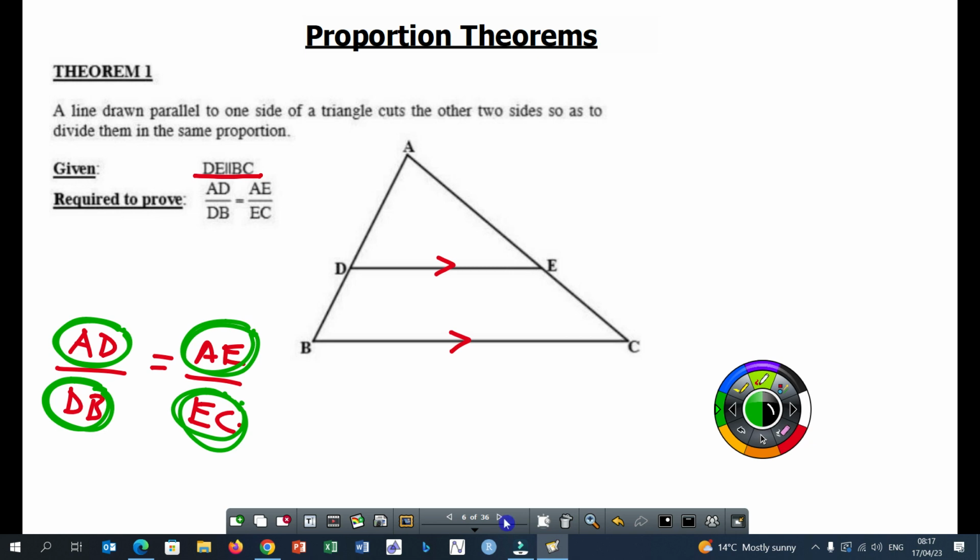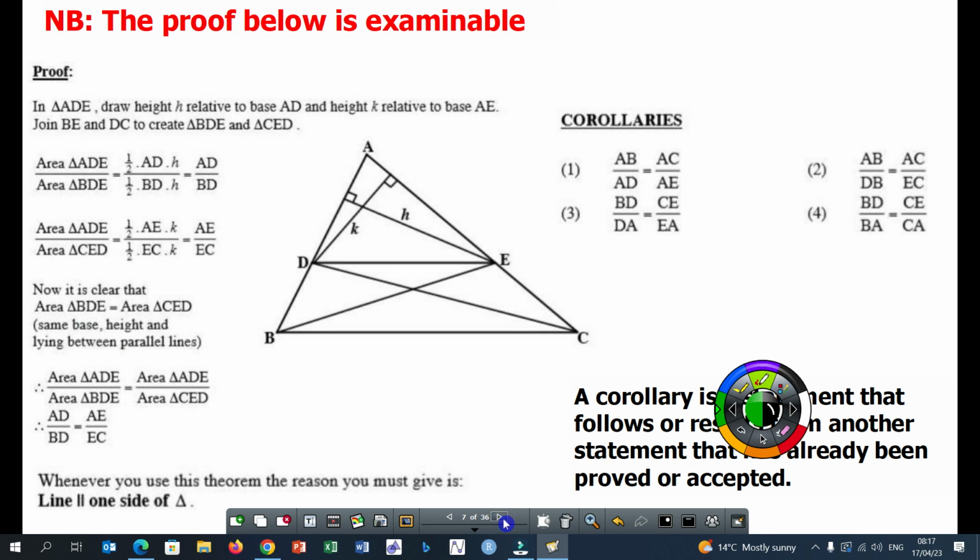First thing, you have to choose triangle ADE. And then you draw a height H, which is relative to AD. So in triangle ADE, you choose AD, then you draw a height from AD to E. Then you also do the same with regard to AE.